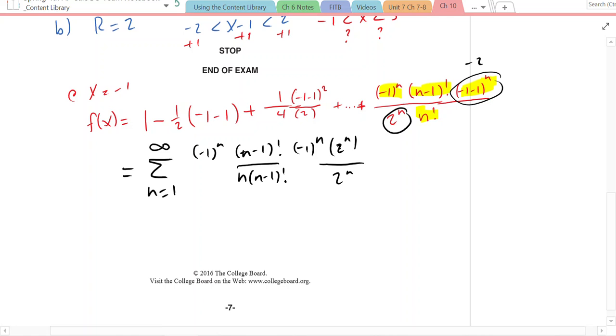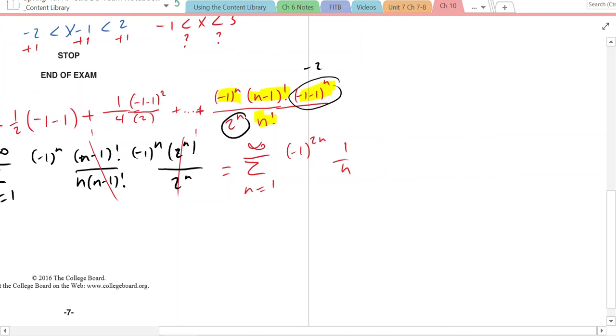So that goes to 1, that goes to 1, and this simplifies to the summation of n equals 1 to infinity of negative 1 to the n, so that's negative 1 to the 2n power, which is even, which means it's going to be positive 1. So it's just positive 1. And the only thing left over here is times 1 over n, which means this is harmonic.